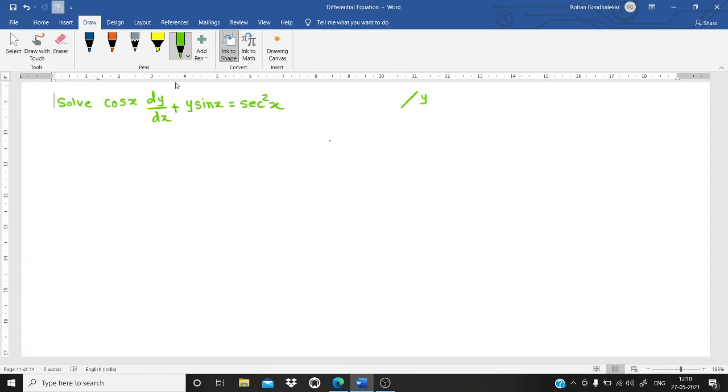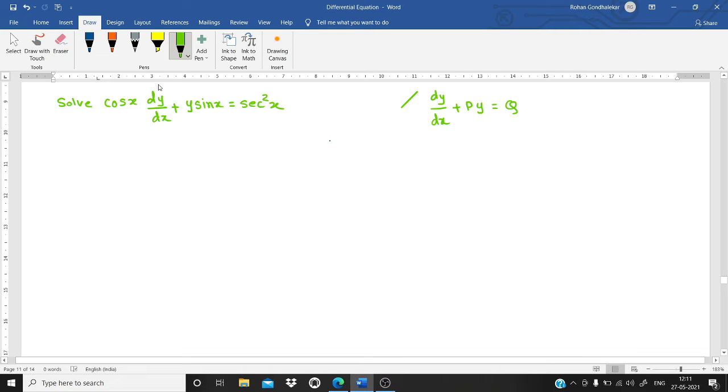So this differential equation is in the form of dy by dx plus p into y is equal to q. So this is the form of the differential equation.